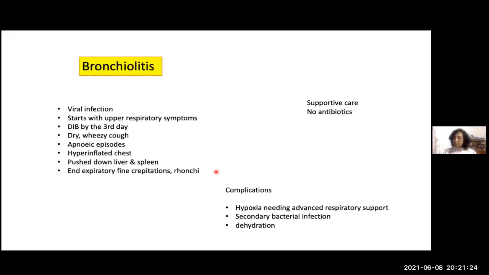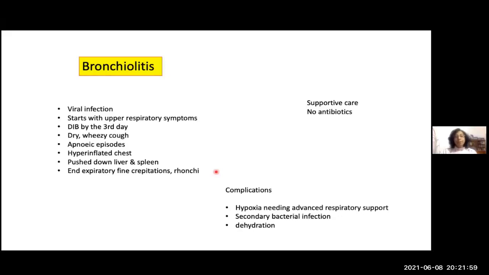And due to the same reason, the organs can be displaced downwards, right? From the complications point of view, they can develop more hypoxia and will need respiratory support. They will need support for hydration and feeding. And also we have to be vigilant about development of secondary bacterial infections towards the latter part of the illness. So basically the management is supportive care with no antibiotics, unless there is evidence of a secondary infection.